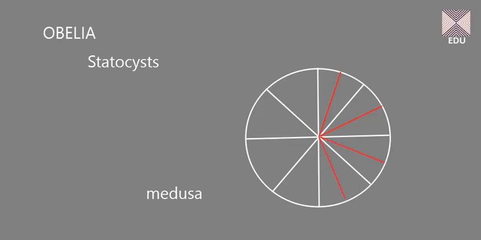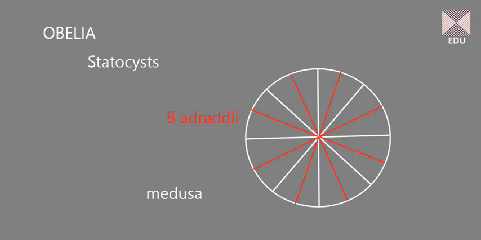So you have to make these lines very carefully. So these are all the adradii. So can you count the number of the adradii? These are 8 in number. So we have got 8 adradii.